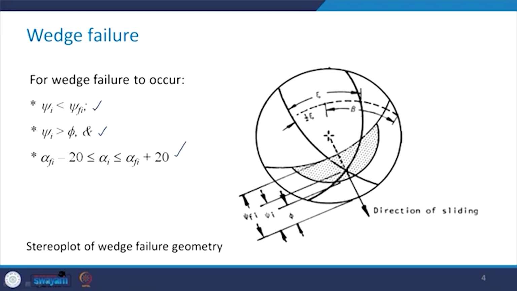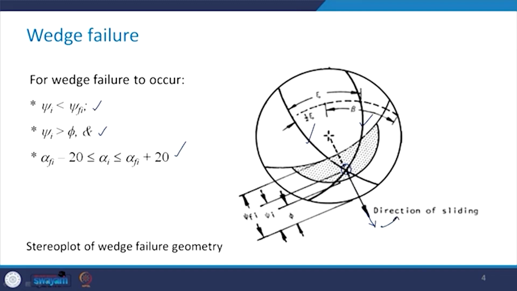Here you can see that the two planes have been represented by these great circles, and this is the point of their intersection, which is going to give us the direction of sliding.